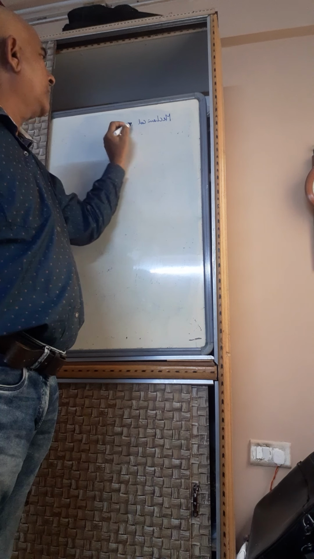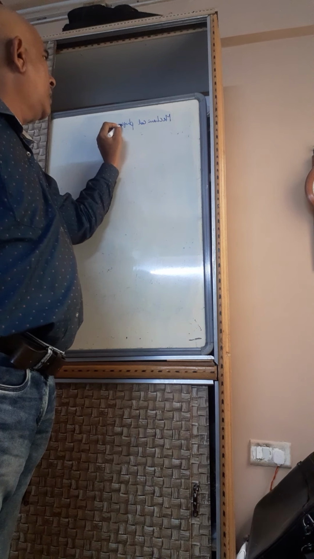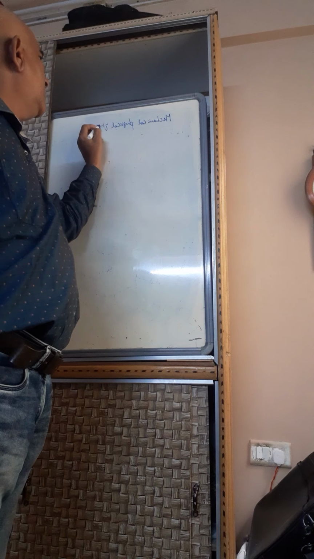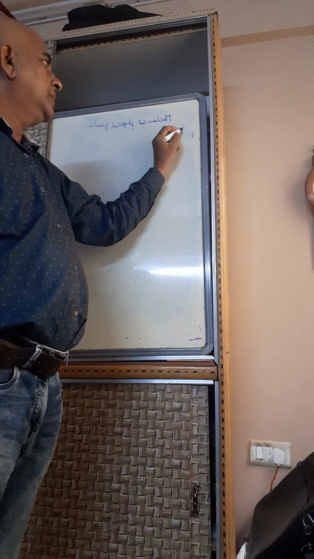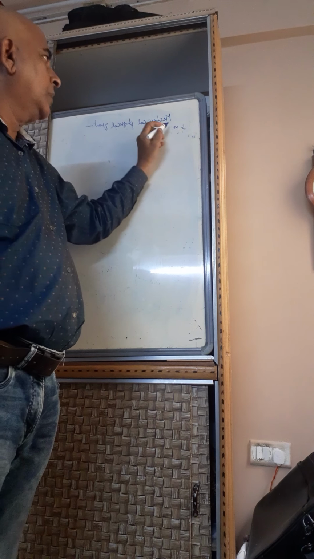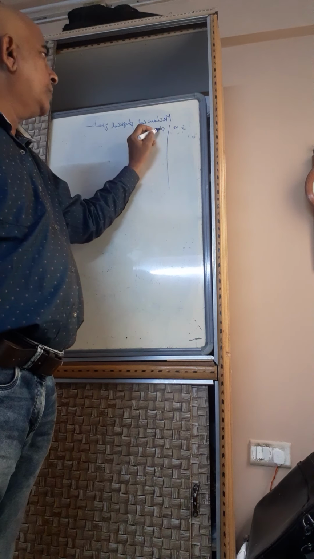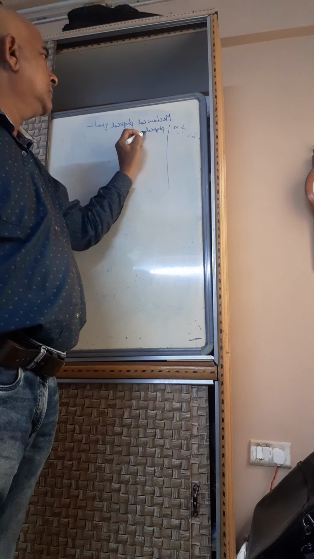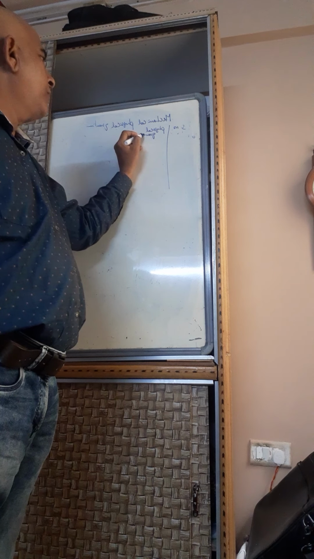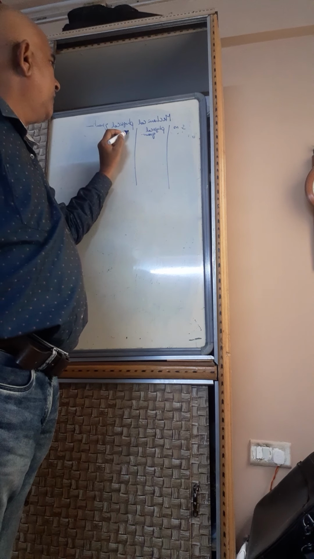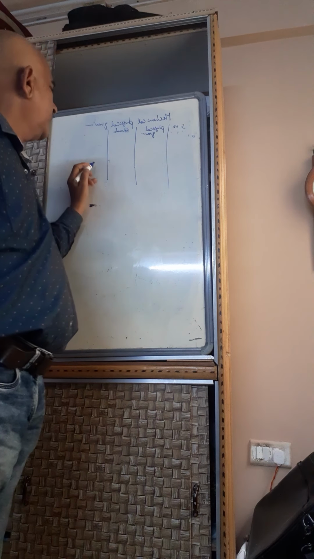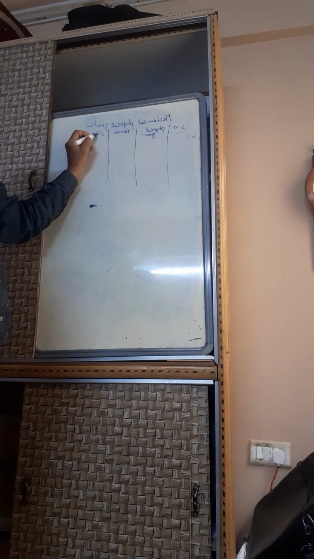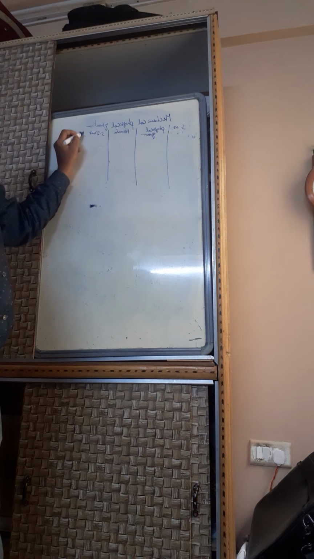Mechanical physical quantities. Columns: serial number, physical quantity, formula for that, SI unit, dimensional formula.